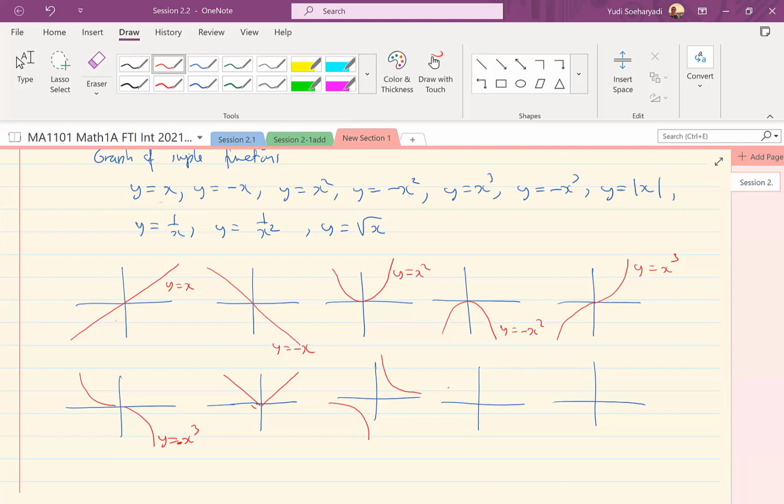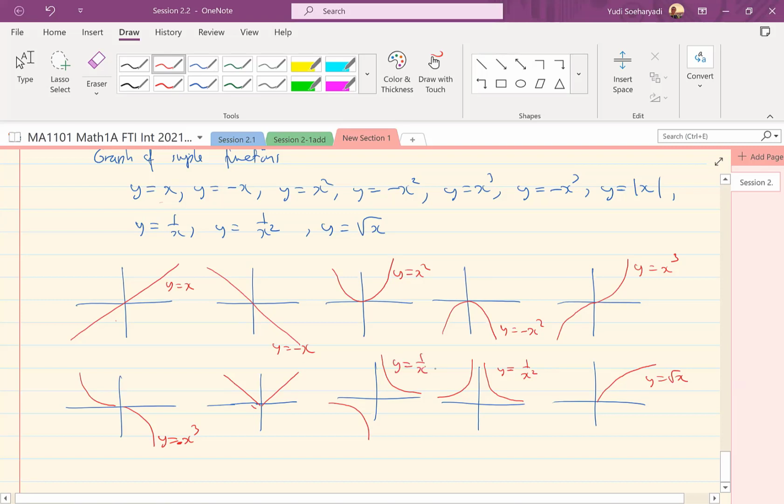So we just recognize it from here, but we need limits for defining asymptotes later. Okay, for square it is this one. Okay, and square root is this. Okay, I think this is what you need to know about the graph of simple functions.